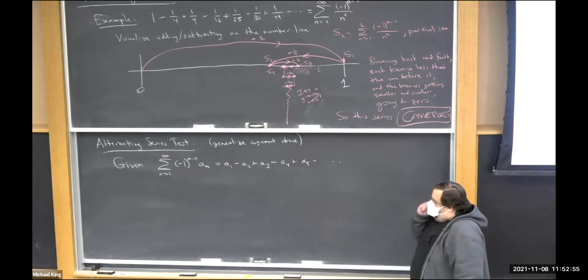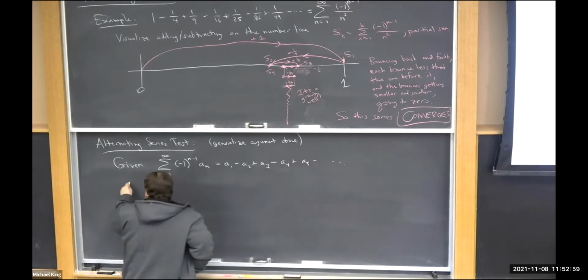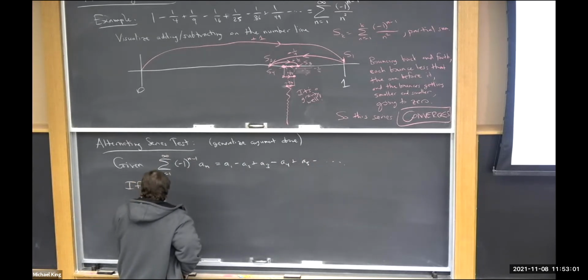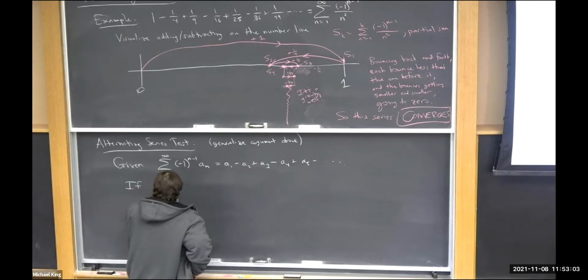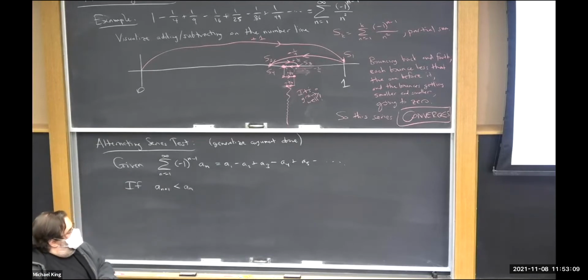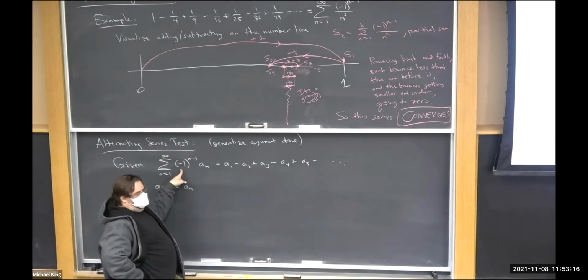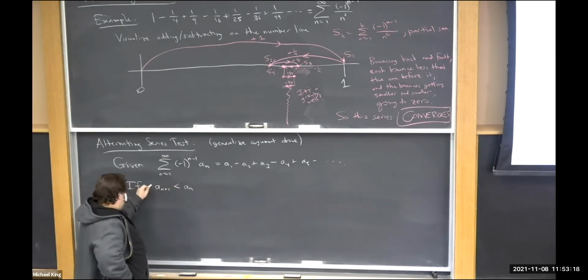So given something like that, if each term is smaller than the one before it, if A sub n plus 1 is less than A sub n, I said for all n, and I'm assuming these are positive, then I'm putting the whole minus in here. So that's why I put it greater than 0.